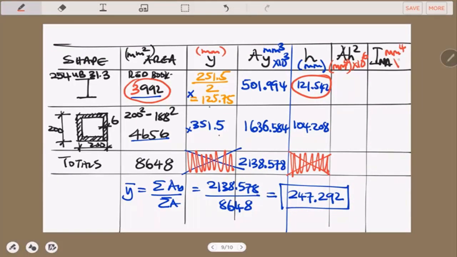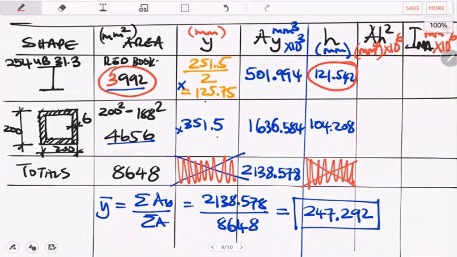And we are going to raise everything 10 to the power 6. So I got 58.972 times 10 to the power 6.